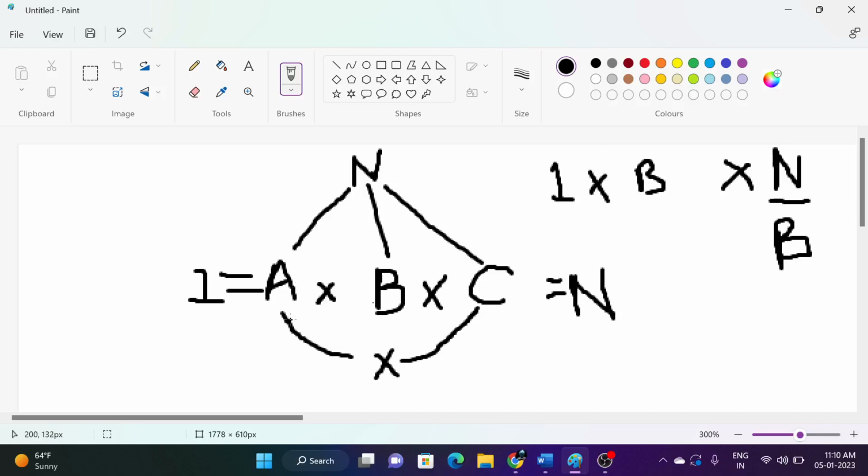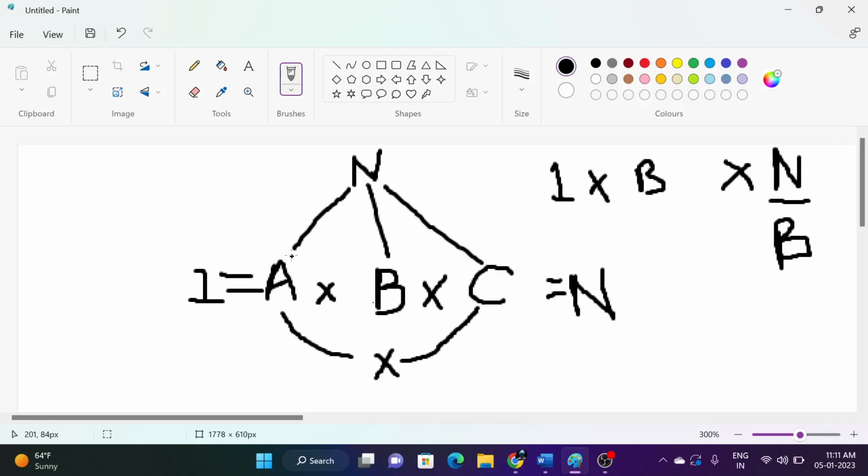So the second condition is satisfied, that the product of all three is n. Now we have to satisfy the first condition. Since b is a factor of n, then 1 into b is also a factor of n. b into n by b, which is n, is also a factor of n, right? We discussed this in the hint. And 1 into n by b is also a factor of n.